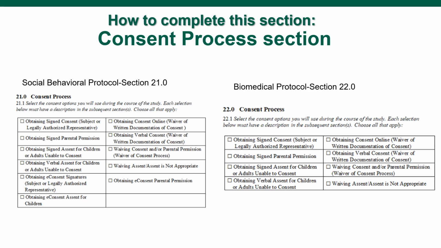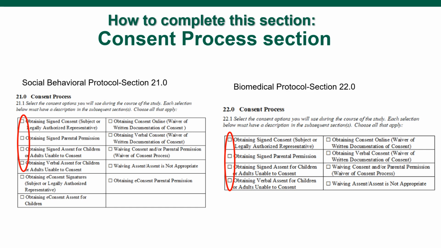Keep in mind that all research participants must give assent or consent by signing this consent assent document before they can participate in a research study. For this type of consent, you will select the highlighted options in the chart. Then complete the appropriate sections below the chart. Remember, if the section is not applicable, you will add NA to the section.